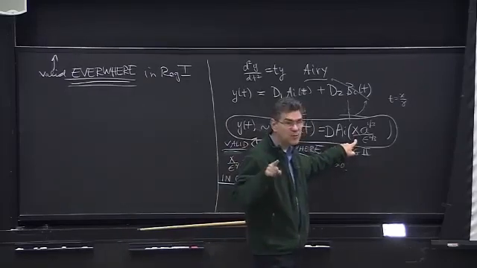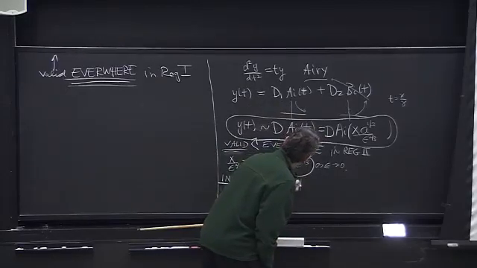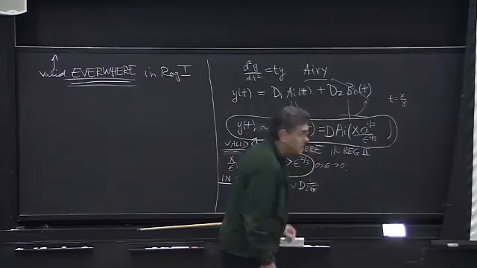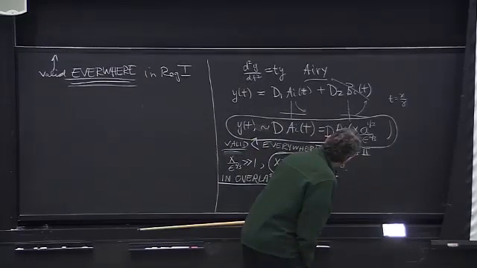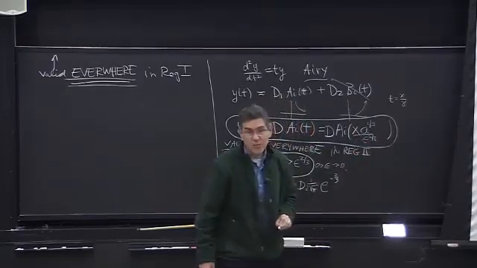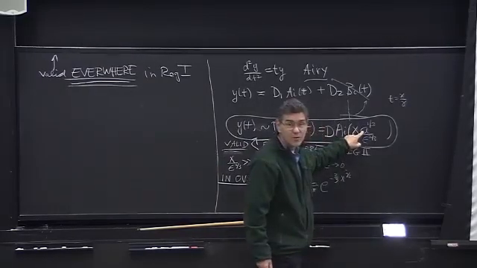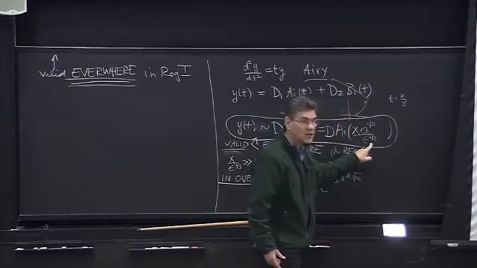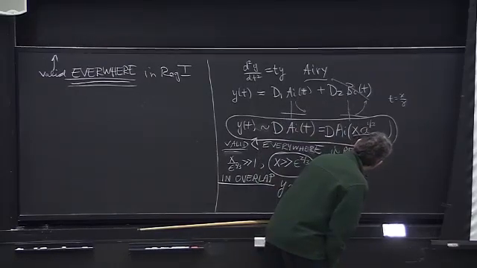and I can replace this formula by y is asymptotic to d times 1 over 2 square root of pi, just using that formula, times e to the minus 2/3 times this argument to the 3/2 power, which is x to the 3/2. What's a to the 3/2? Square root of a. What's epsilon to the 2/3 to the 3/2? Epsilon.